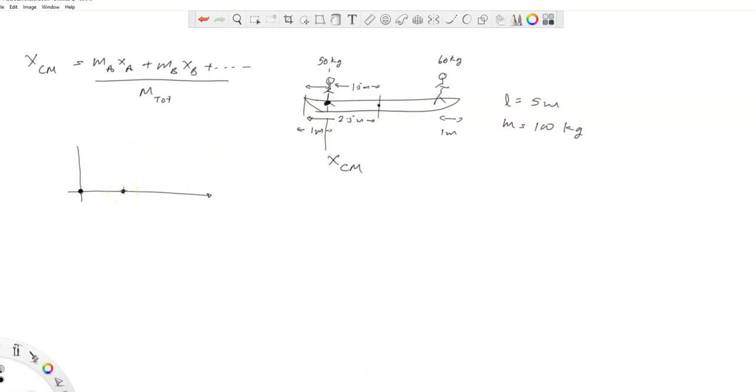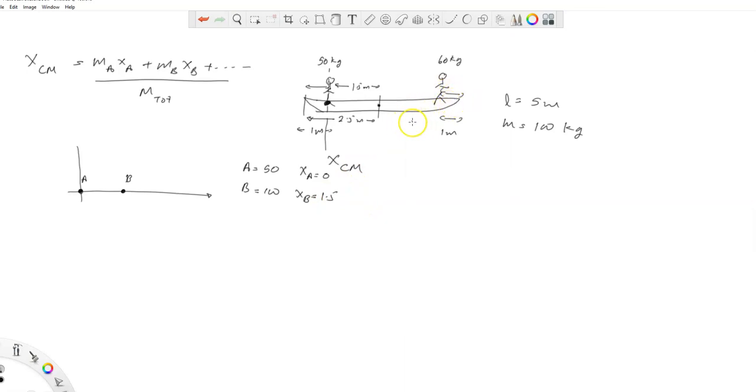So this is, let's say B, this is A. So A is 50, B is 100, XA is 0. We place it right on the origin, so that distance becomes 0. XB is 1.5. So the third person is 1 meter from the other end.